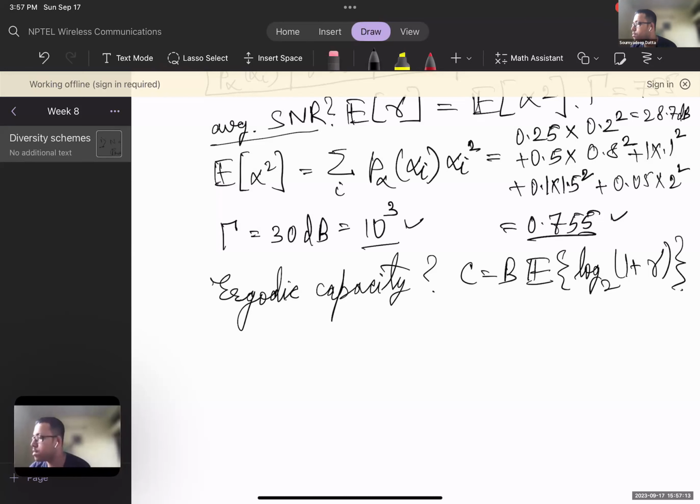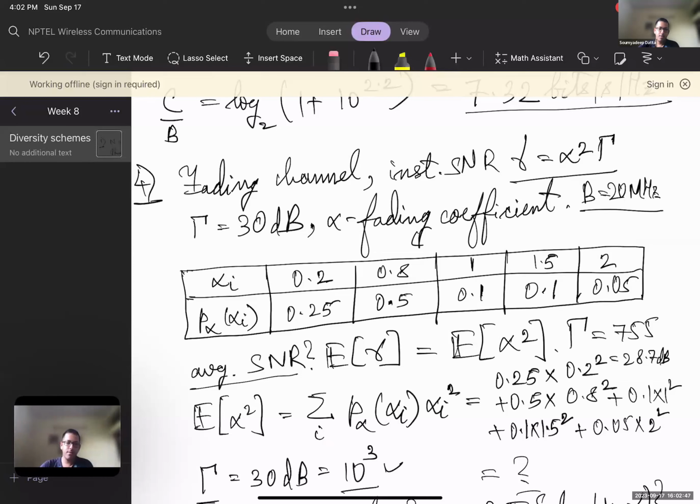Instead of all of this fluctuating fading channel, where you have multiple fading values with various probabilities, so this is like an ergodic capacity channel, right?